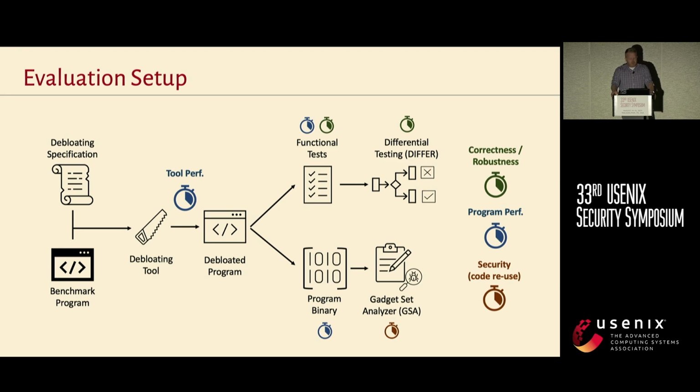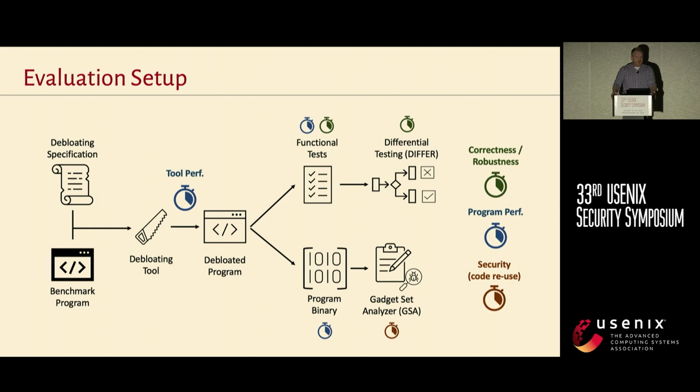We debloated it and produced a debloated program. We then took that debloated program and analyzed it through a battery of functional tests to determine if there were any issues with debloating that broke the program, as well as differential testing to identify any other new vulnerabilities or new crashing test cases that were introduced into the program as a result of debloating.